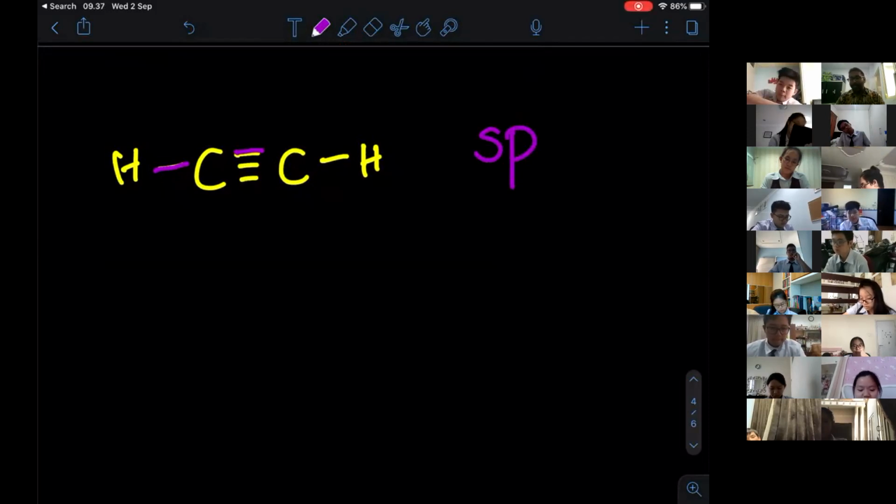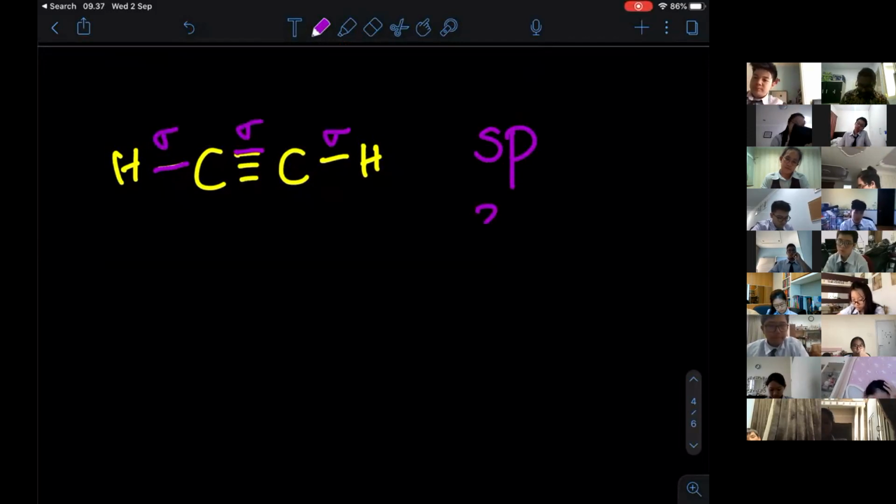So total 2 orbitals. The rest is going to be sigma, sigma, sigma, 3 sigma bonds for this molecule, and there are a total of 2 pi bonds over here.